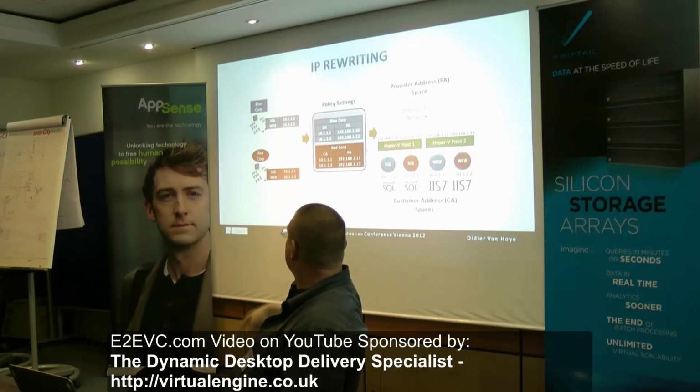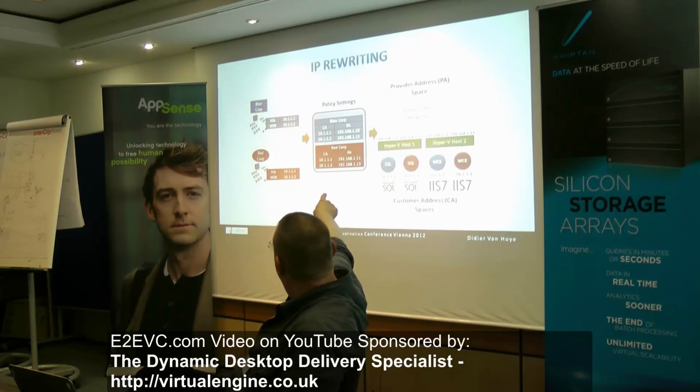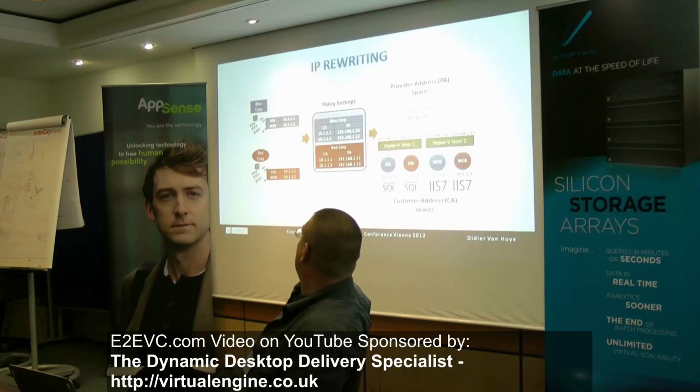But basically what it does, it just matches in a table what is the client address and what is the provider address. So whatever, you see the red corporation, you see the blue corporation, they're using the exact same IP subnet. Well, it doesn't matter.